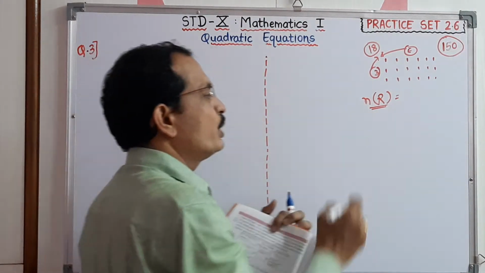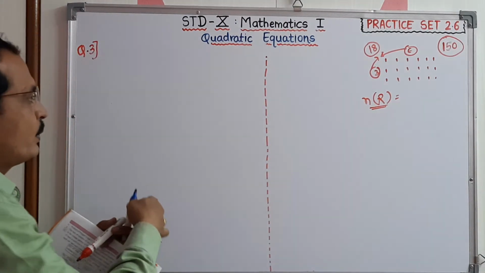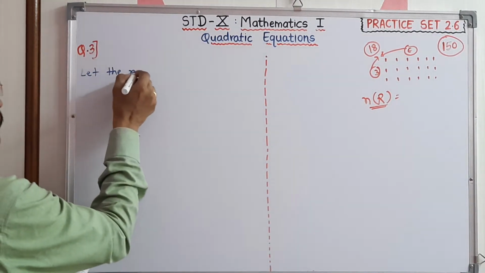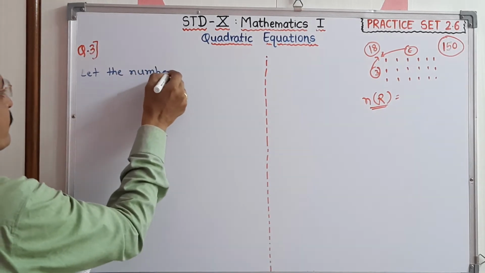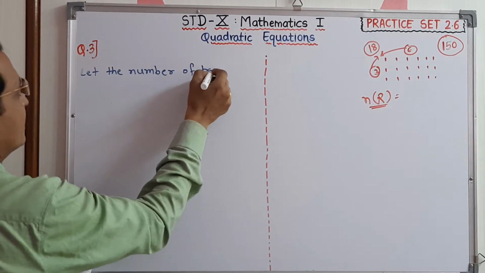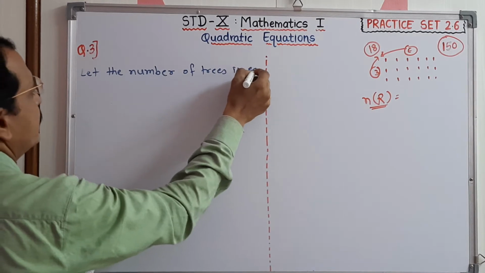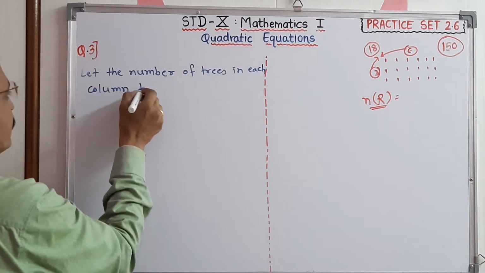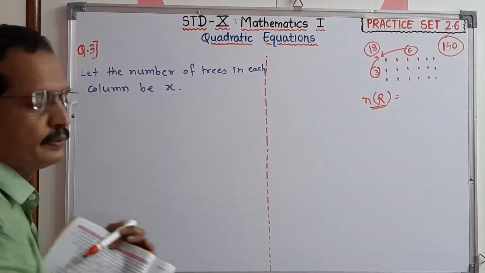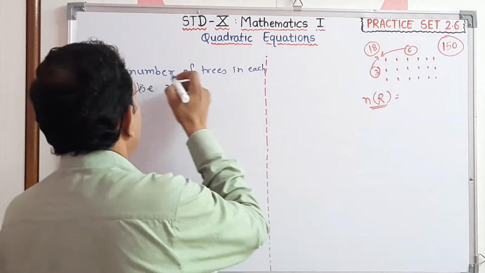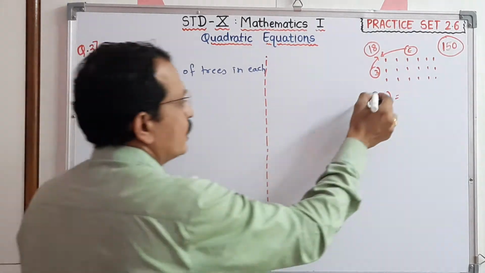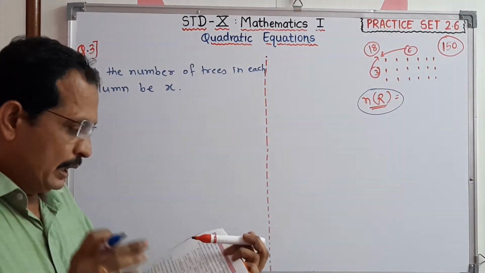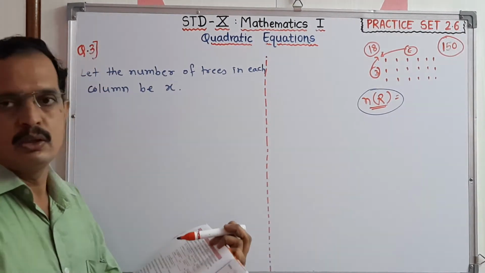Therefore, first of all we have to assume, let the number of trees in each column be x. Why do we take column? Because the number of trees in a row depends upon the number of trees in a column.